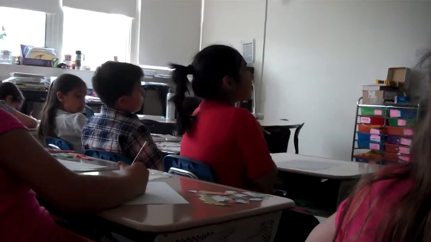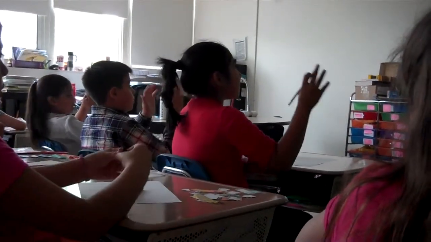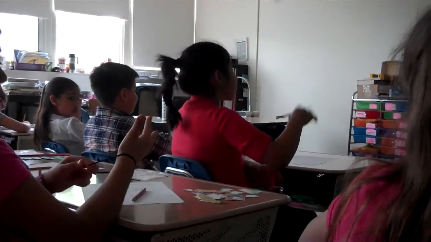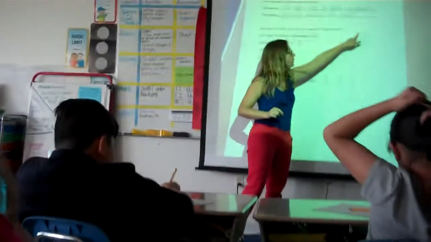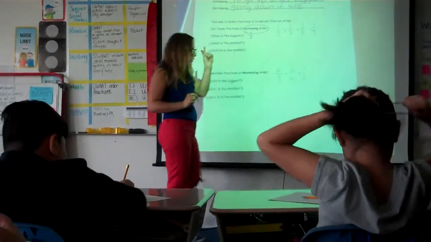Because the denominator, as it keeps getting bigger, the piece gets smaller. Exactly. We know as our denominators get larger, if our numerators are the same, those pieces are actually the smallest pieces. So 1/8 would be the smallest fraction in our set. Let's jot that down.